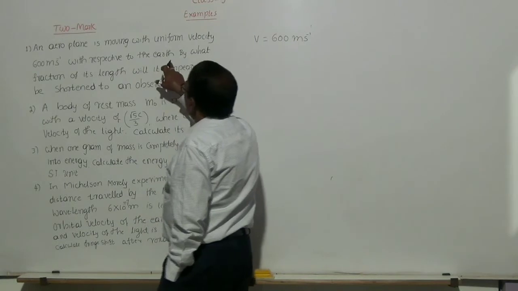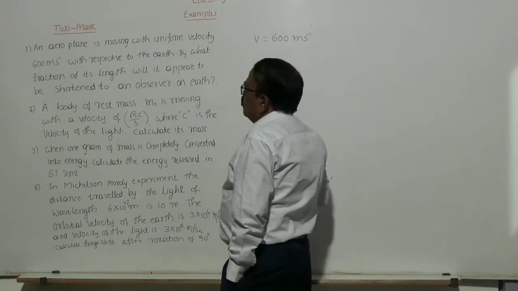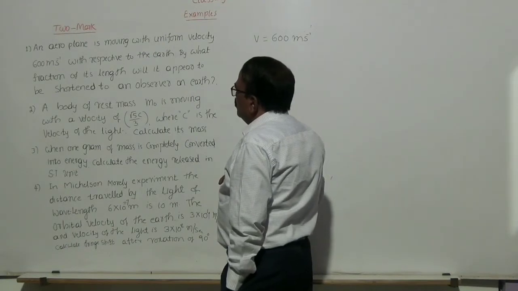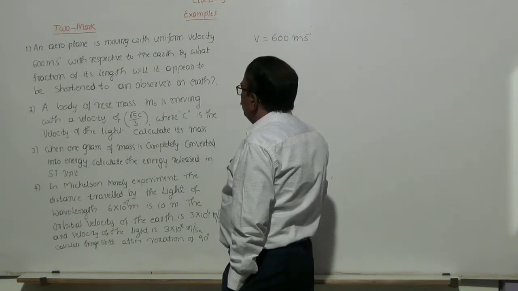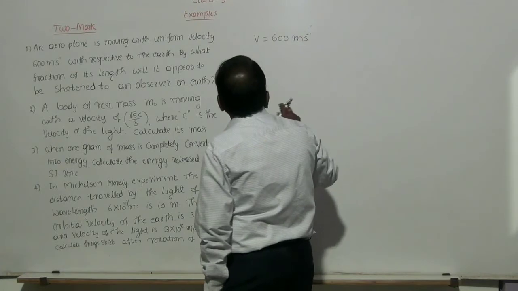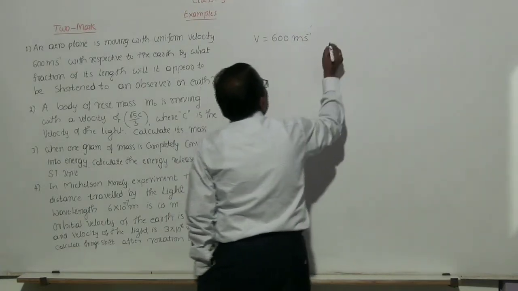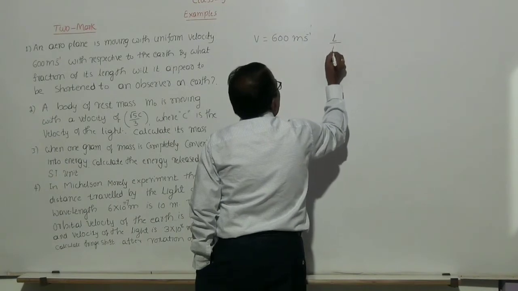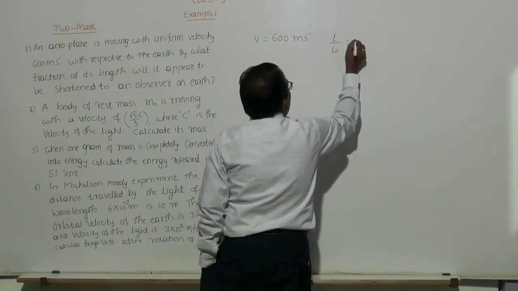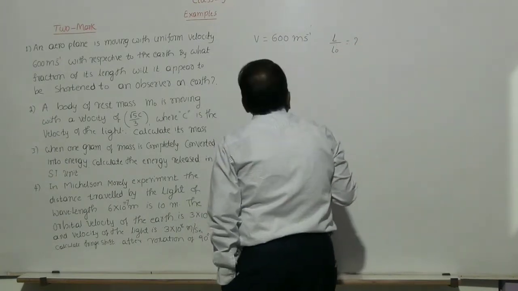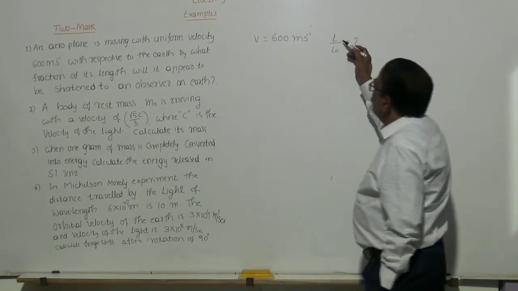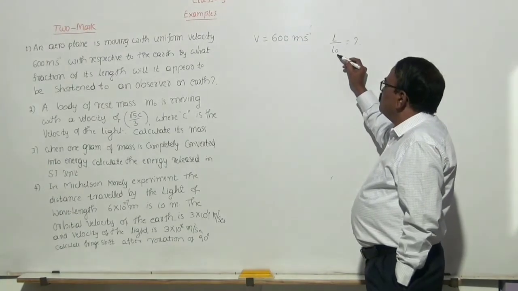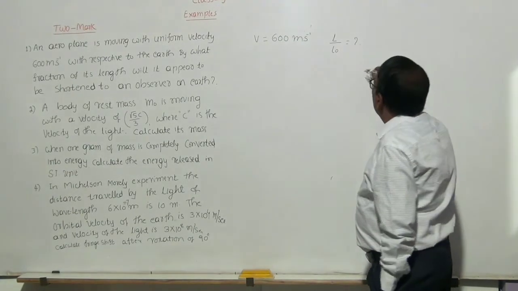With respect to the earth, by what fraction of its length will it appear to be shortened to an observer on earth? Means L upon L naught is asked. You know that L is a change in length, L naught is a proper length or its original length.